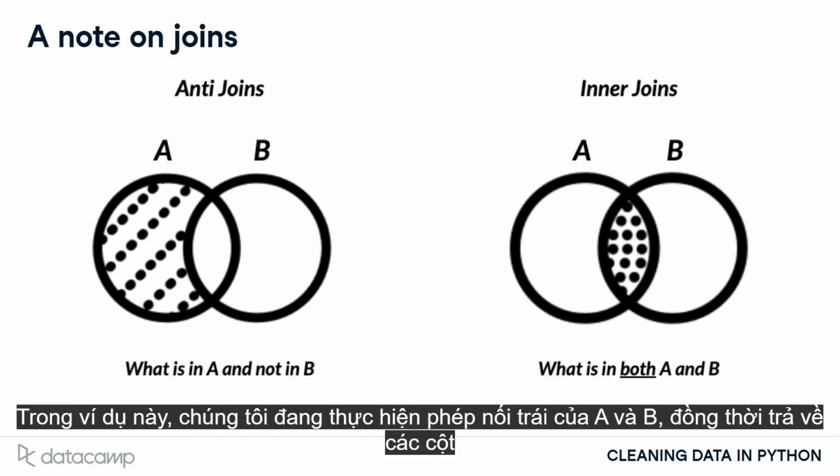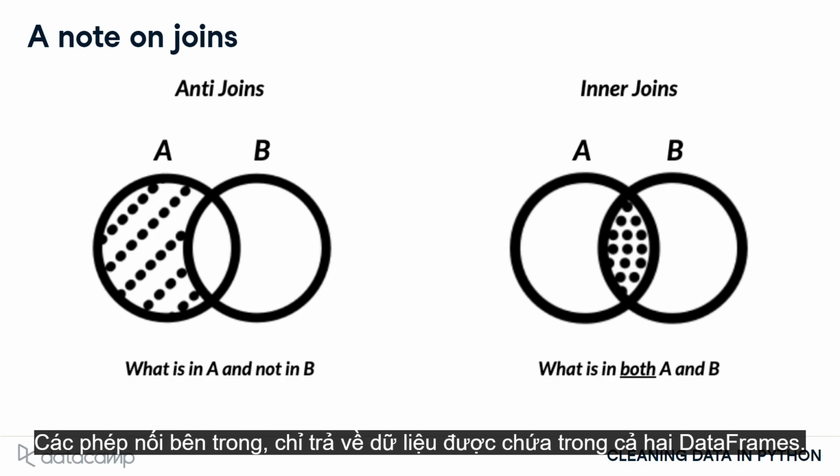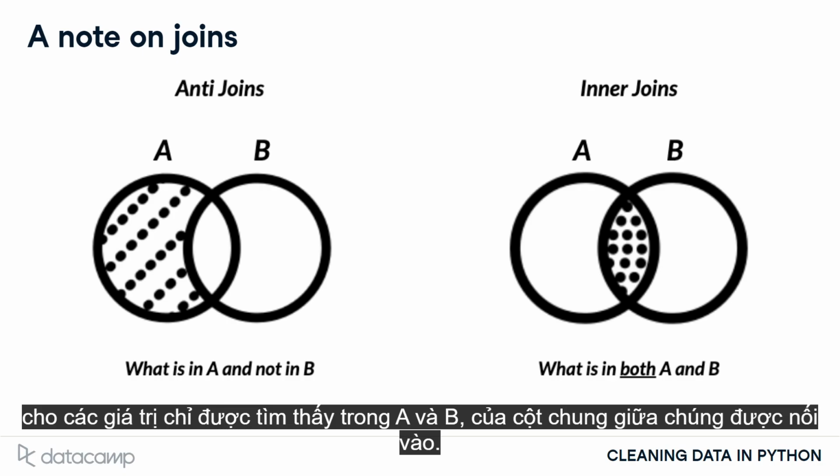In this example, we are performing a left anti-join of A and B and are returning the columns of data frames A and B for values only found in A of the common column between them being joined on. Inner joins return only the data that is contained in both data frames. For example, an inner join of A and B would return columns from both data frames for values only found in A and B of the common column between them being joined on.